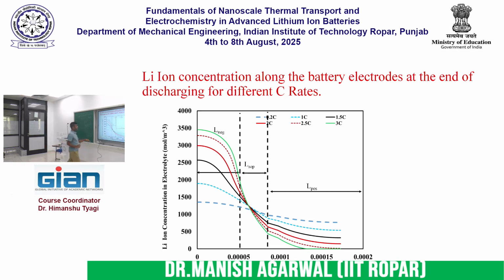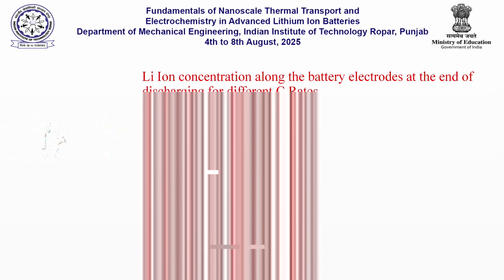But if you see at higher charge, that is there in the negative electrode, right. But if you see the positive electrode, it is not there, right. So what is happening in the battery? We have seen there are so diffusion phenomena has its own speed, right.